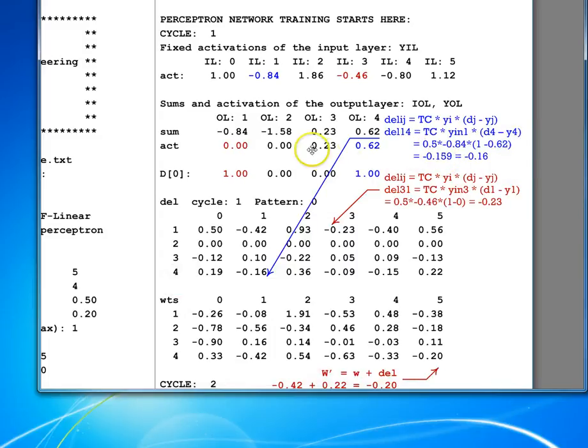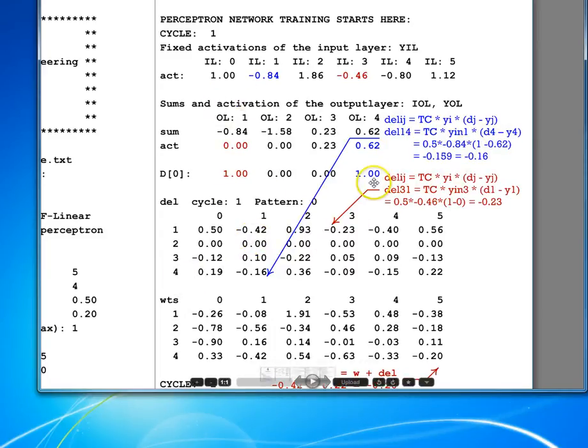The training coefficient is fixed in this case at 0.5. Now if you look at this weight matrix change, delta of i4 is equal to the training coefficient 0.5 times yn1. You see this yn1, it is the activation 0.84, element number 1, going from 1 to 4. Then for the destination, what is the desired value?